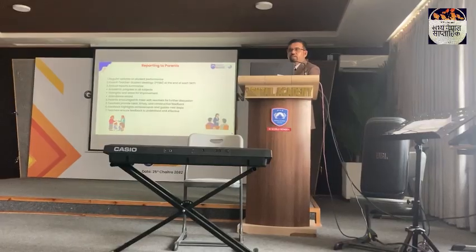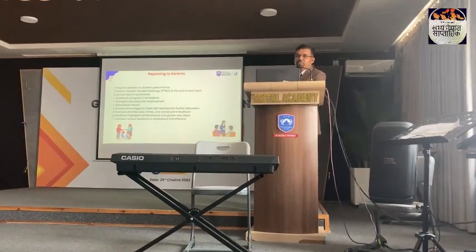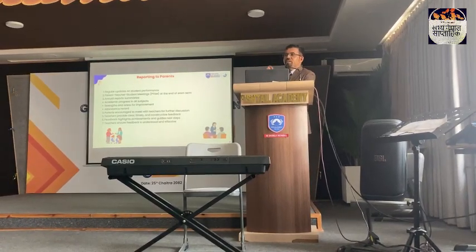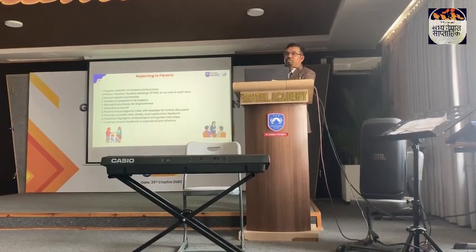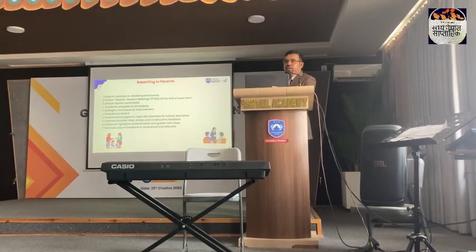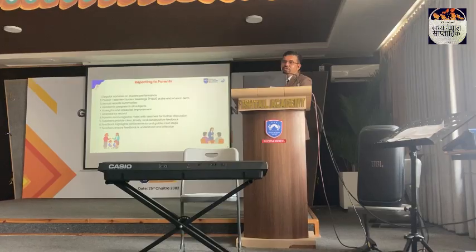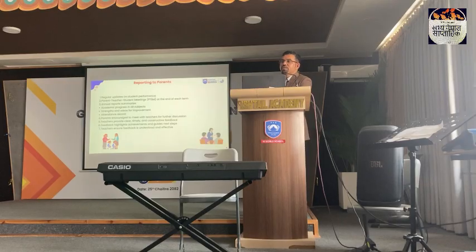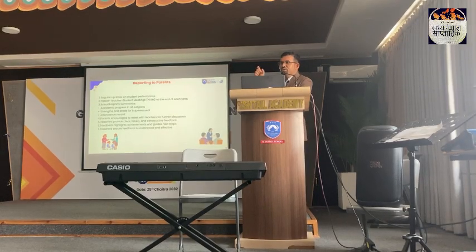How to profile, like how many times we communicated with the parents, and what was the topic, okay? And how many field trips the children have participated in. So all these things will be in the IB, and what are the achievements, rewards and recognition. How many competitions the child took part in, and which position he or she secured. All those things will be in the individual learner profile.